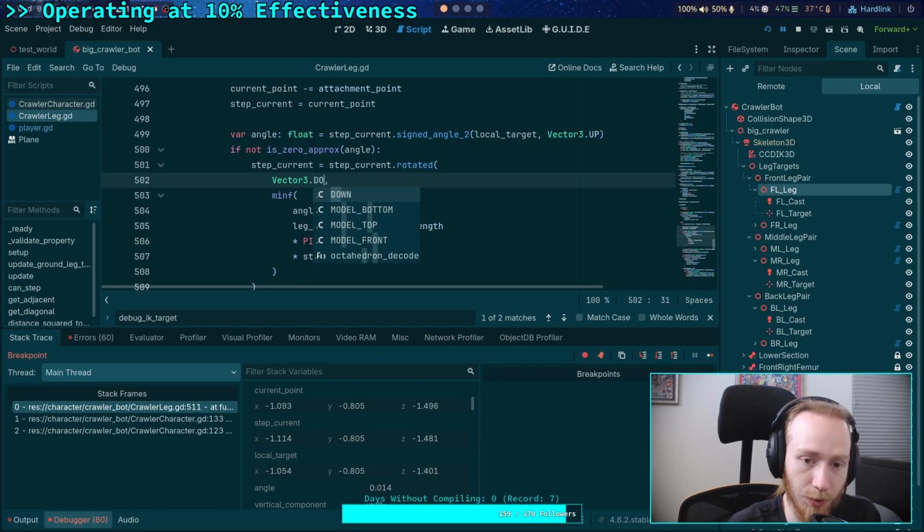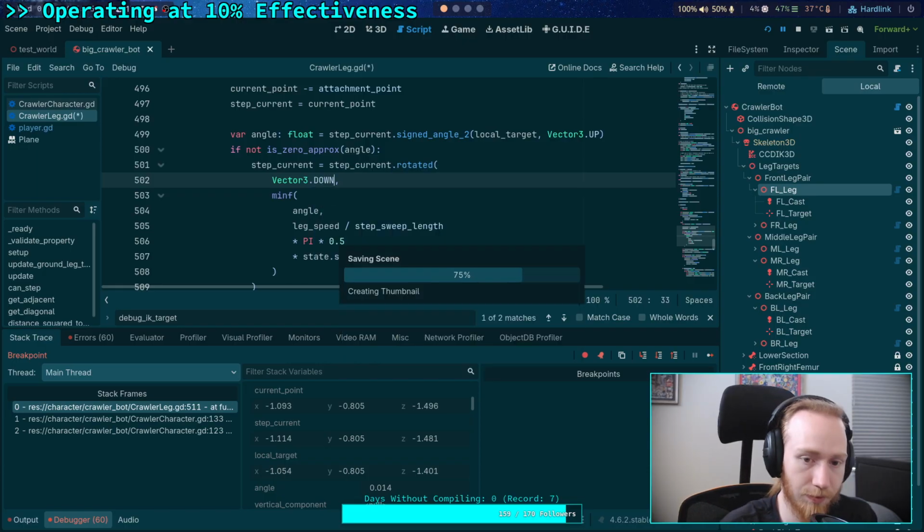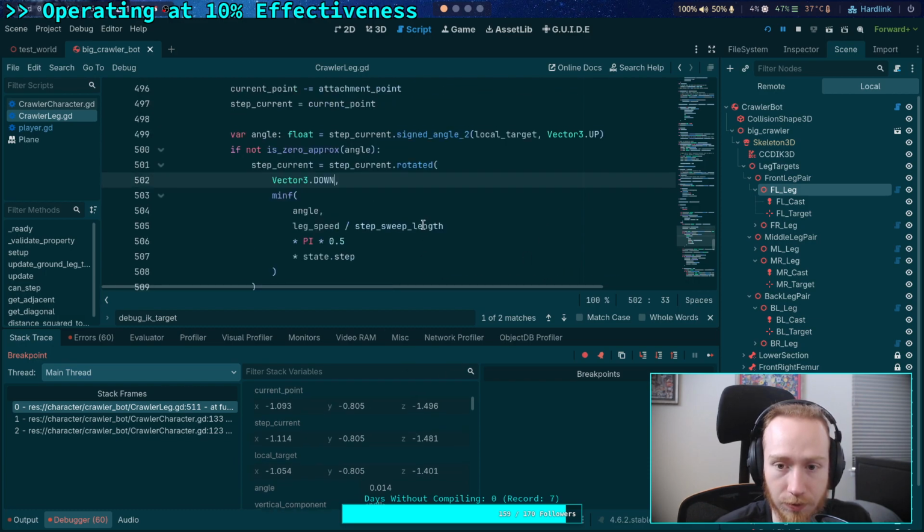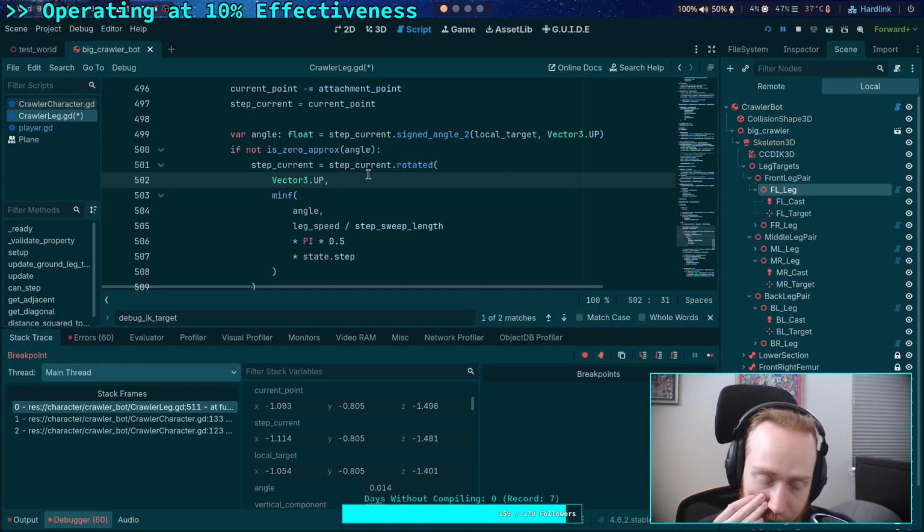So I'll need to rotate the other direction. That's just wrong. This should have come out as like a negative angle, actually. Right?